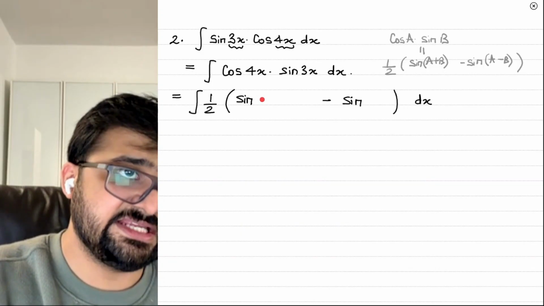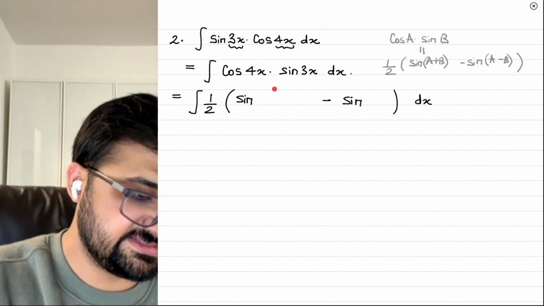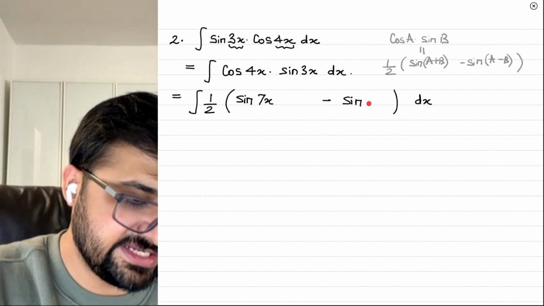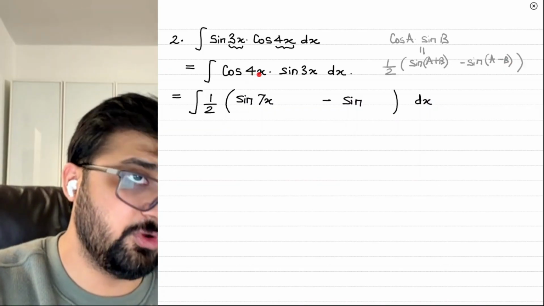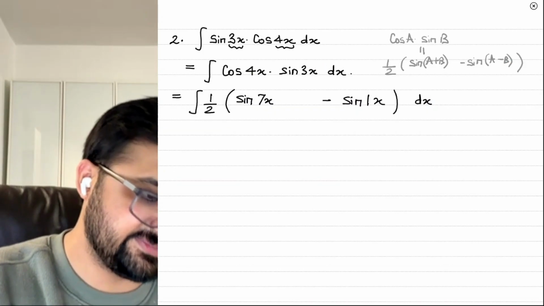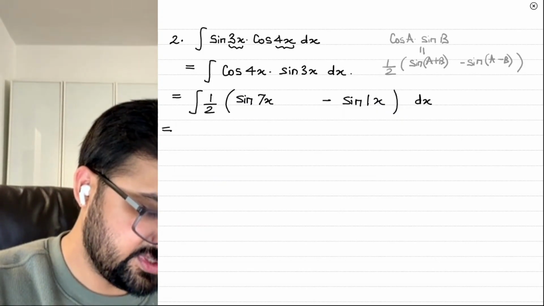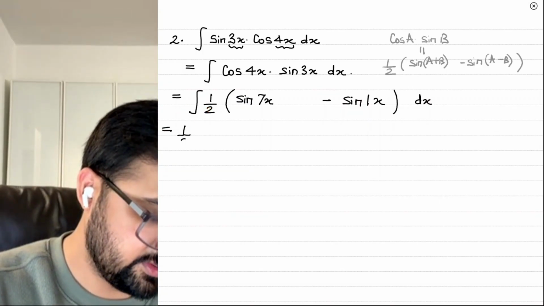In the first sine, add the two angles, so 4x plus 3x, which is 7x. In the second sine, subtract the two angles, a minus b, so 4x minus 3x, which is 1x. Very simple.